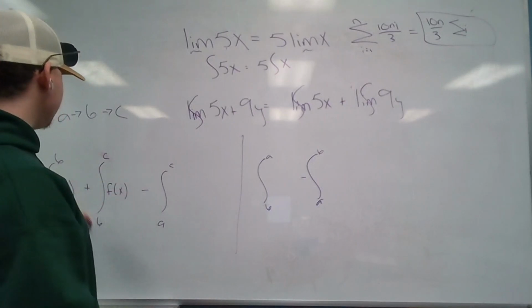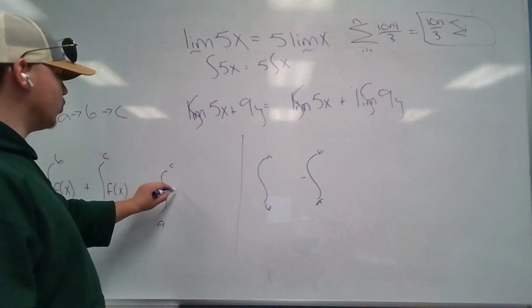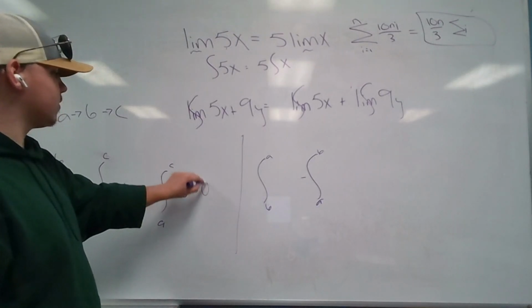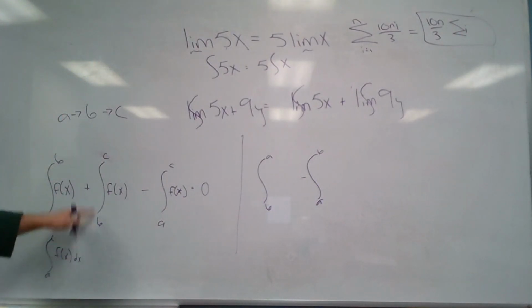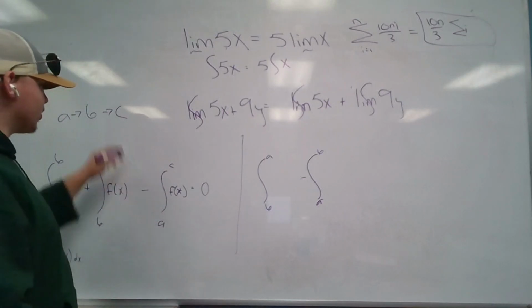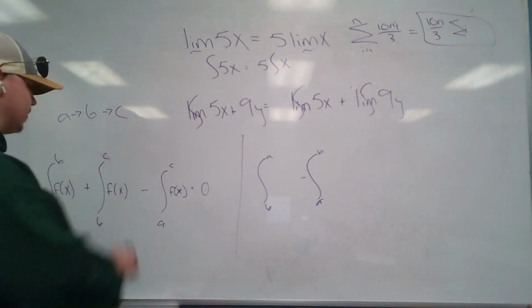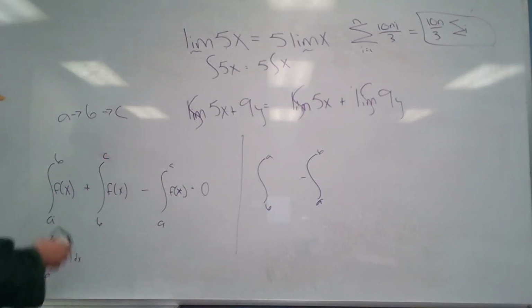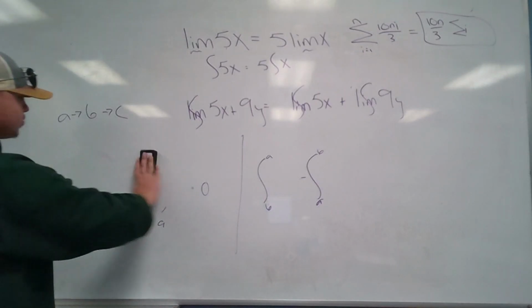Then a to b, b to c, minus a to c would be 0. Because this is our domain, domain a to b and then b to c, minus domain a to c, we're essentially saying that we've subtracted this domain and that. So when the inside is the same, you can mix and match domains, and you can also split up domains.